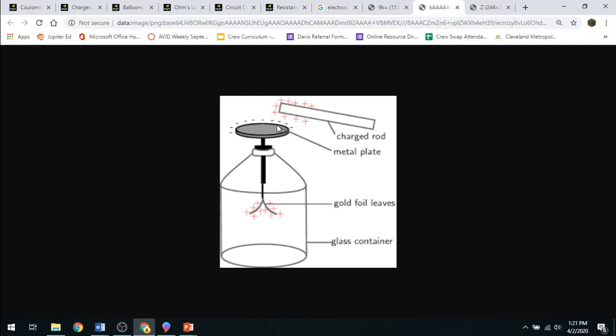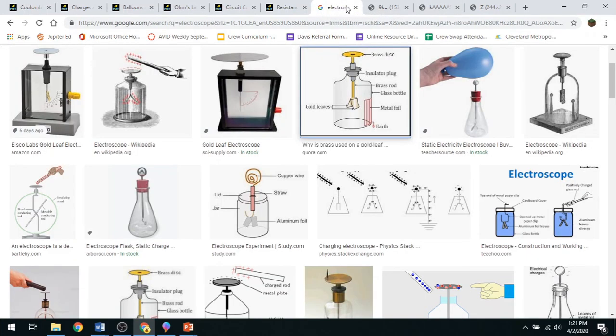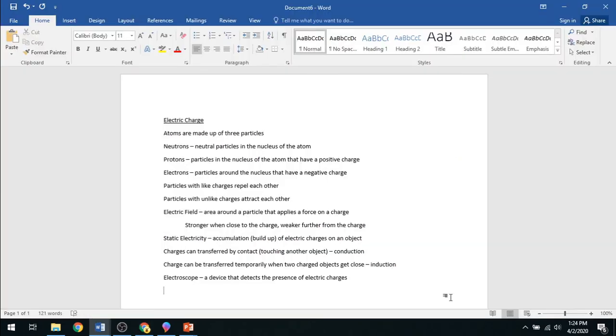All the electrons would move away from it because they're repelled from a negative charge, and so they would collect at the bottom here, and you would see the gold leaves separate. So that's what an electroscope is. And there are more modern day ones now where we use digital readouts and stuff like that. So this is more of a historical thing.